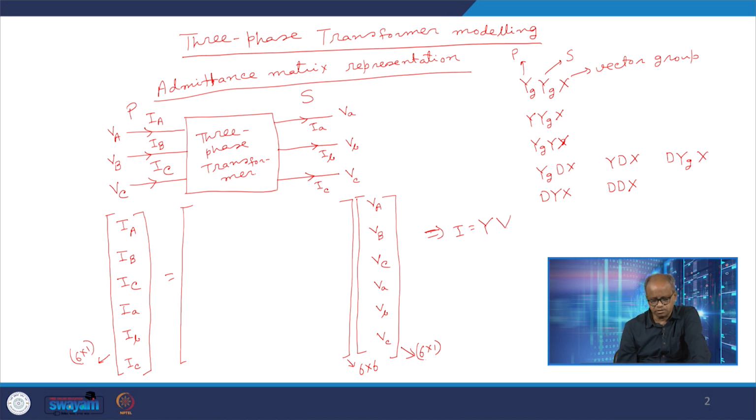Now, ultimately our goal is to use these transformer models in the analysis of a large three-phase power network. As it turns out, we will show in due course of time why that is the case, but as of now we really cannot show it.